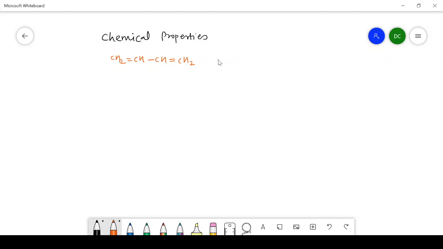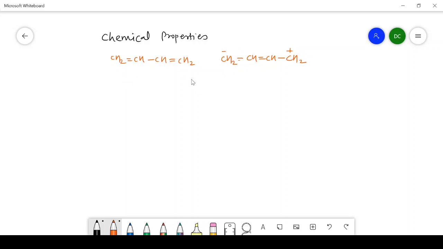I will keep aside the arrow in between them and directly write resonating structures. In this resonating structure, there is a CH2 single bond CH, double bond CH, and single bond CH2. In this resonating structure, there is a presence of positive charge and negative charge on the terminal carbons. So it is a dipolar structure.